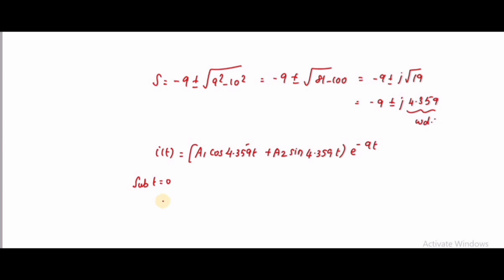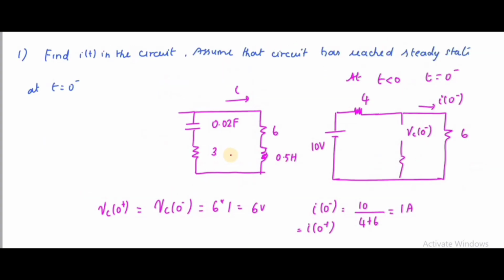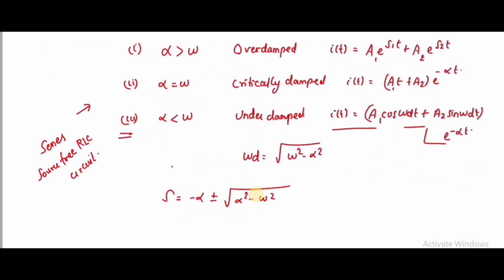In that, you substitute t equal to 0. I of 0 is a1 cos 0, which is 1, plus a2 times 0, into e power 0, which is 1. So you will get a1 is equal to i of 0, which is 1 amp.